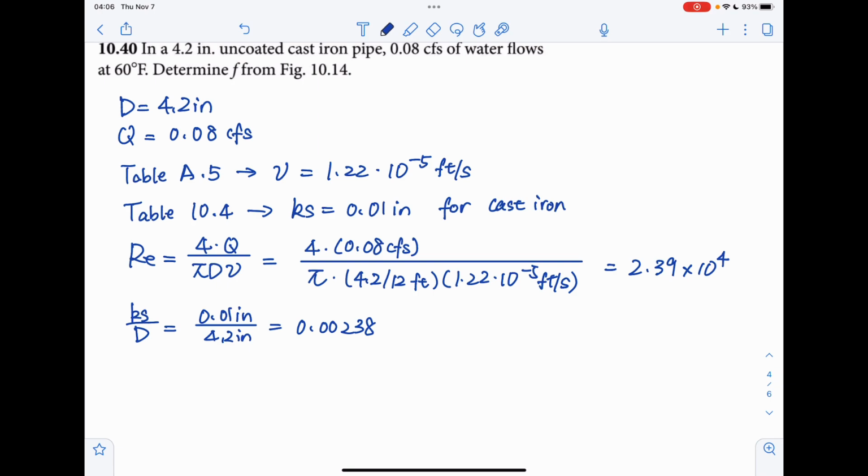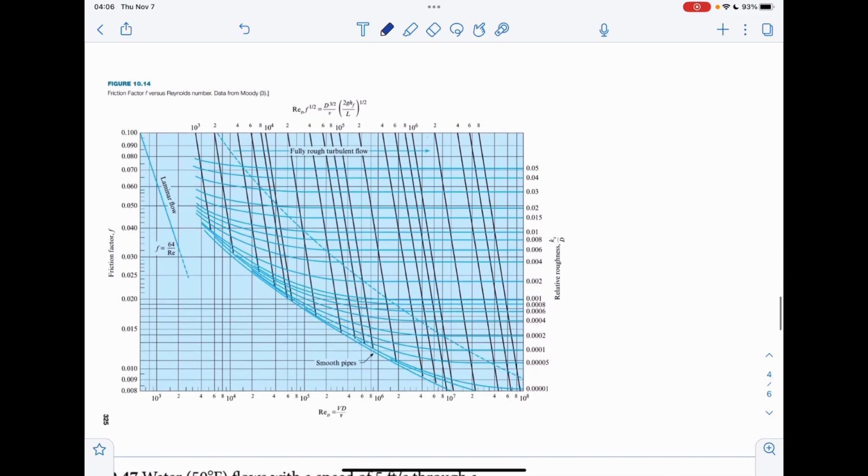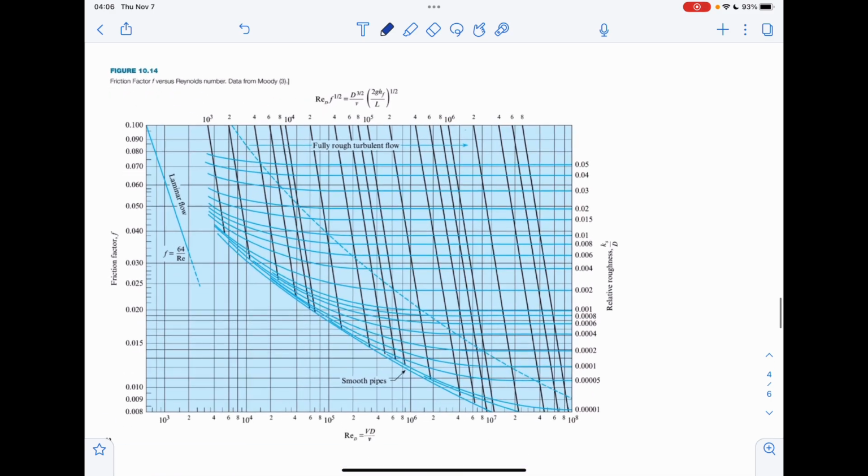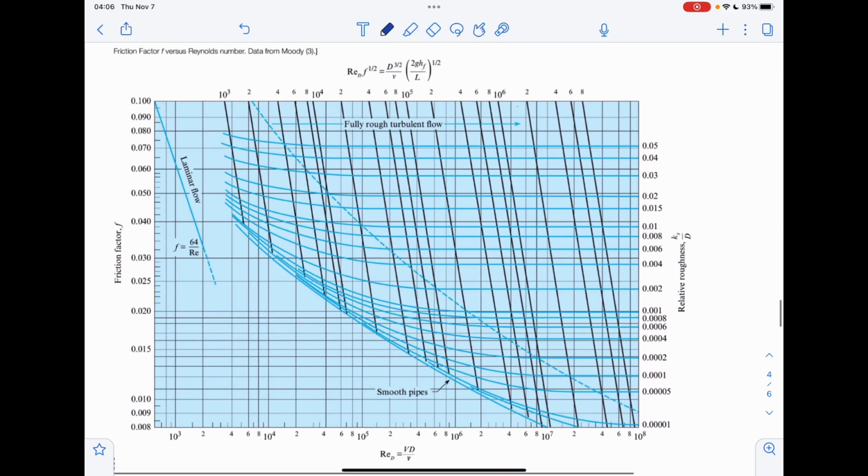Now we have all the information to use the figure. For the Ks over D number, we have 2.38 times 10 to the negative 3, so it'll be somewhere here.